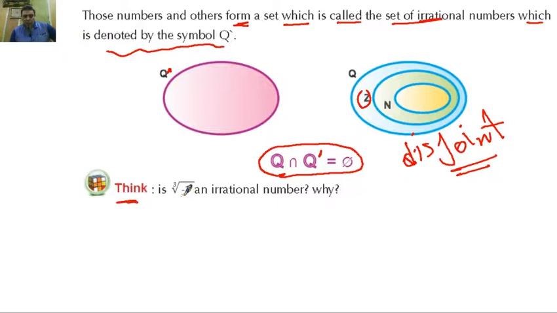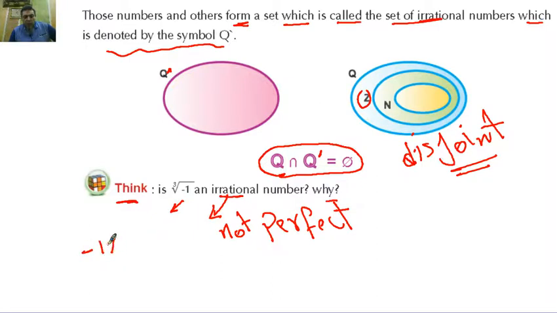Think: is cube root of negative 1 an irrational number? Why? Irrational number means not perfect, meaning it can't come out from the root. Negative 1, if we multiply negative 1 times negative 1 times negative 1, the result equals negative 1.